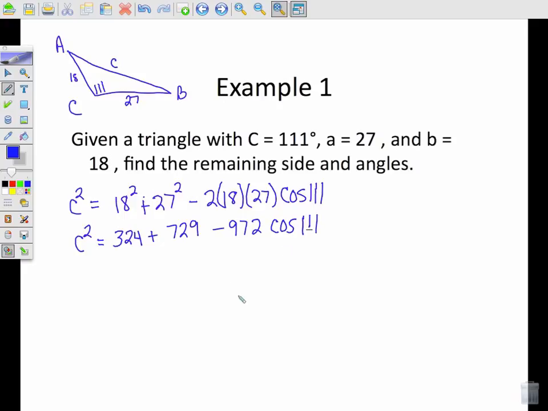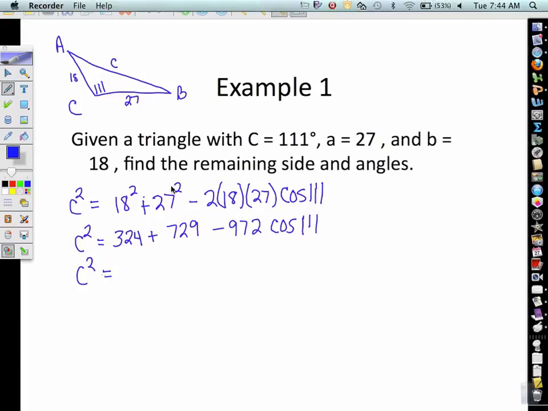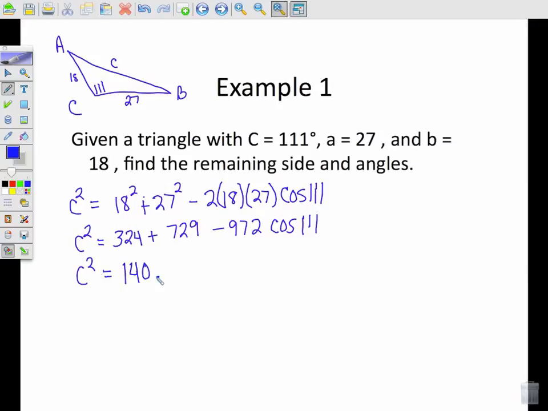Really what you can do here is just type all of this in and get what c squared is equivalent to. So c squared should equal 1401.334, and then take the square root of it. C would equal approximately 37.43.